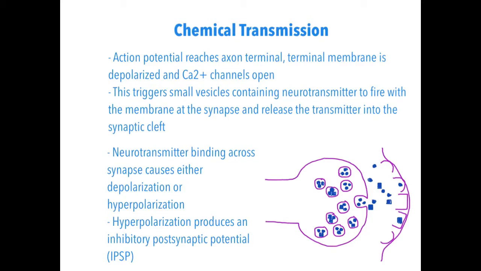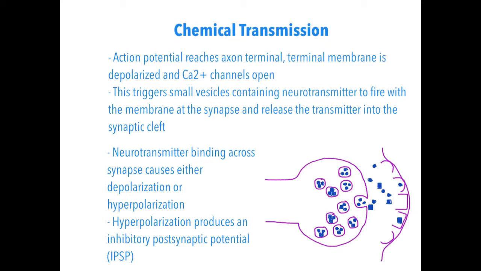So the chemical transmission process consists of neurons sending a signal to the cell across the synapse by releasing neurotransmitters into the synaptic cleft. When the action potential reaches the axon terminal, the terminal membrane is depolarized, calcium channels open, triggering small vesicles containing neurotransmitter to fuse with the membrane at the synapse and release the transmitter into the synaptic cleft.